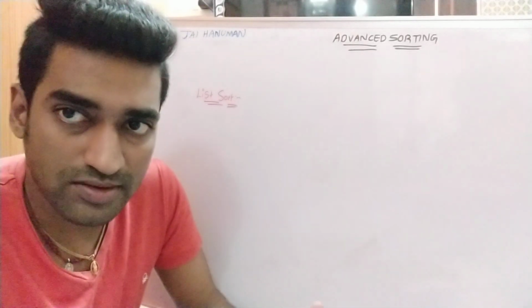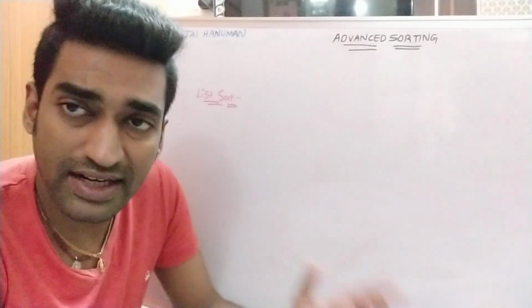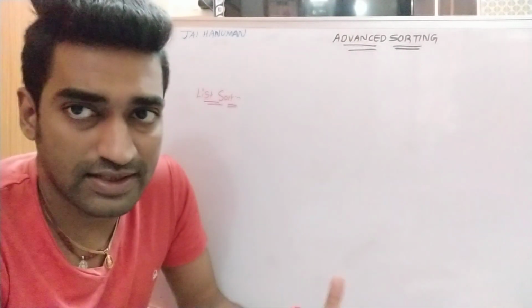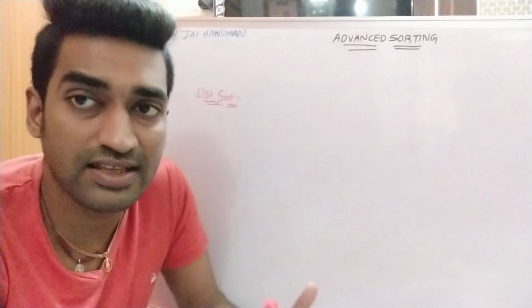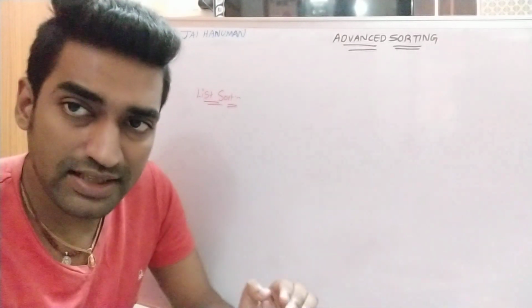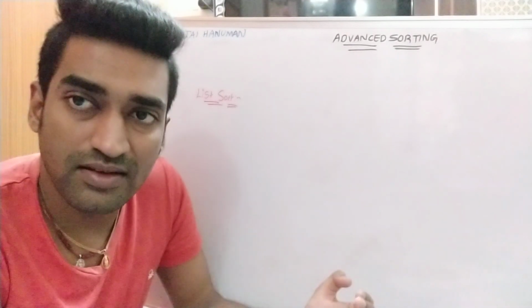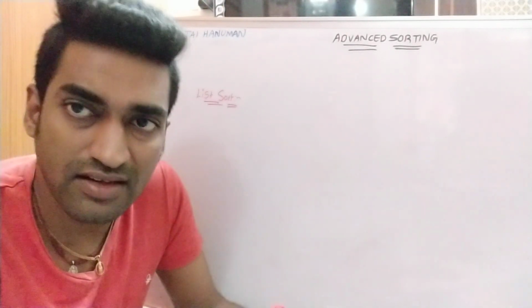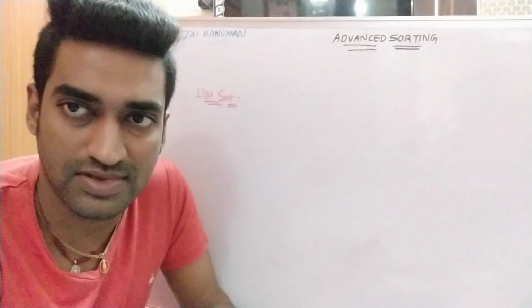To overcome that drawback, we add some extra information to the list of elements, that is nothing but a linked list. Here we simply apply the linked list mechanism to the list of elements, then we can apply those sorting mechanisms, right?